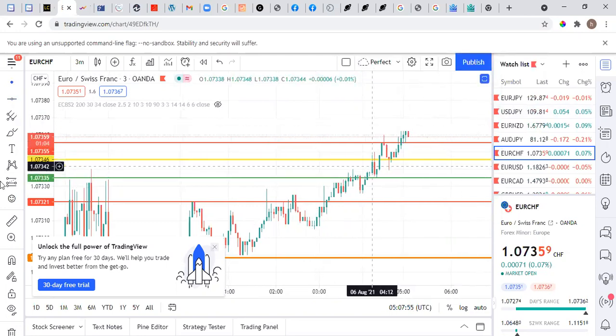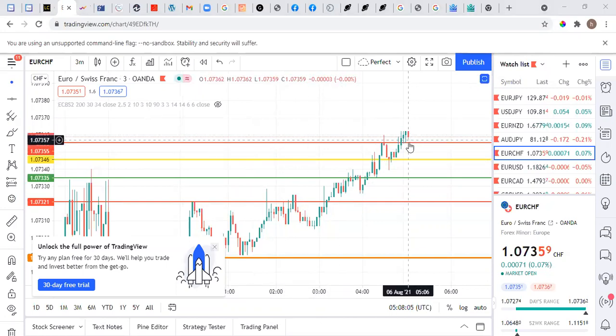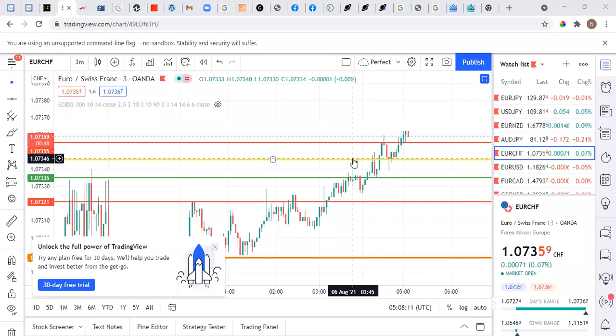So this red line at 359 is a good area for a possible buy. It's an uptrend, so this red candle can just come down a little bit and you'll be going in for a buy. But this yellow line is a better area for a buy, and this green line is the best.